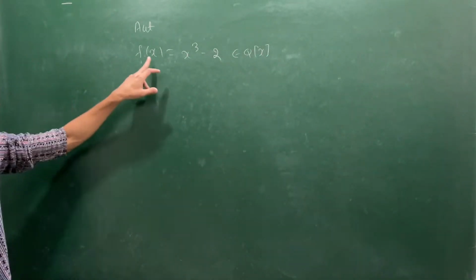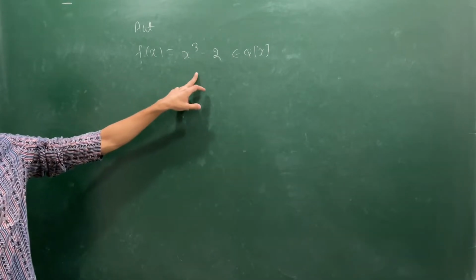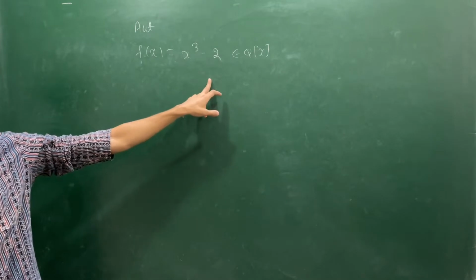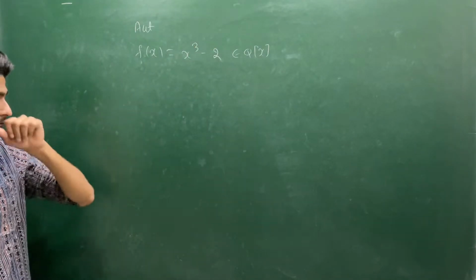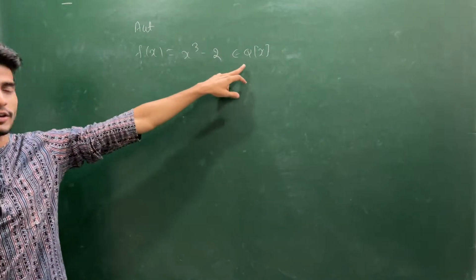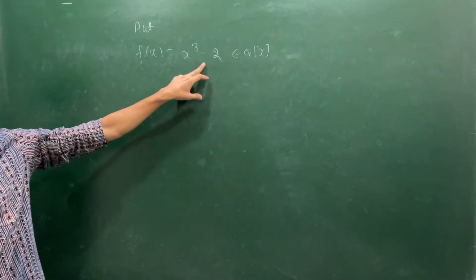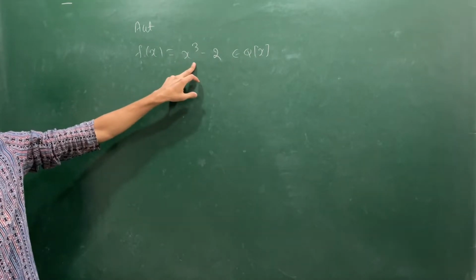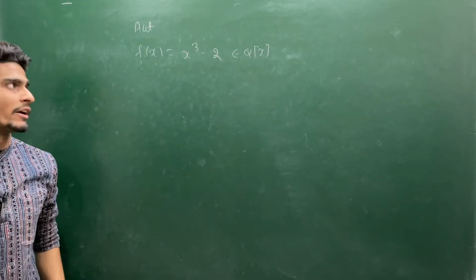Then find the splitting field for this polynomial, which you already know from basic field theory, and then find the Galois extension over that splitting field. The extension will be Galois because this polynomial is defined over Q[x] and it has all distinct roots. So over the splitting field, the extension is going to be a Galois extension.